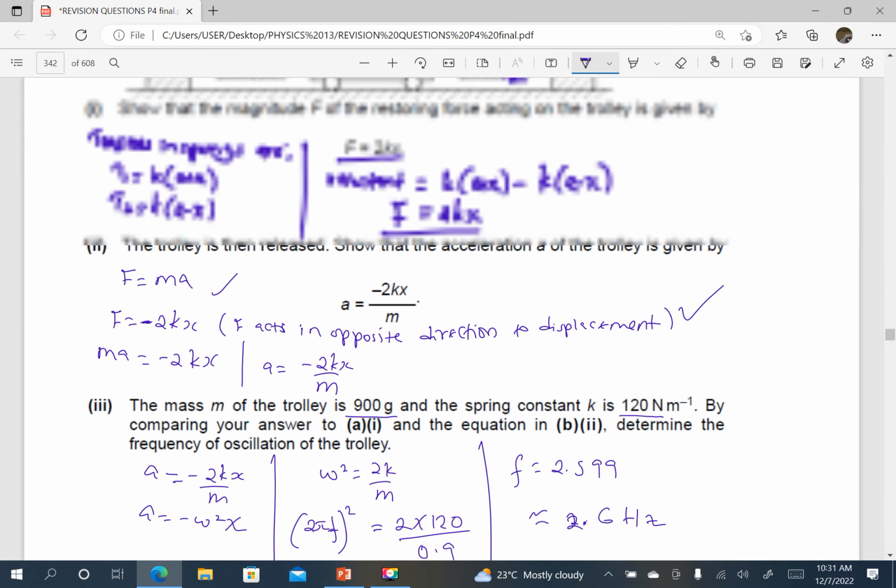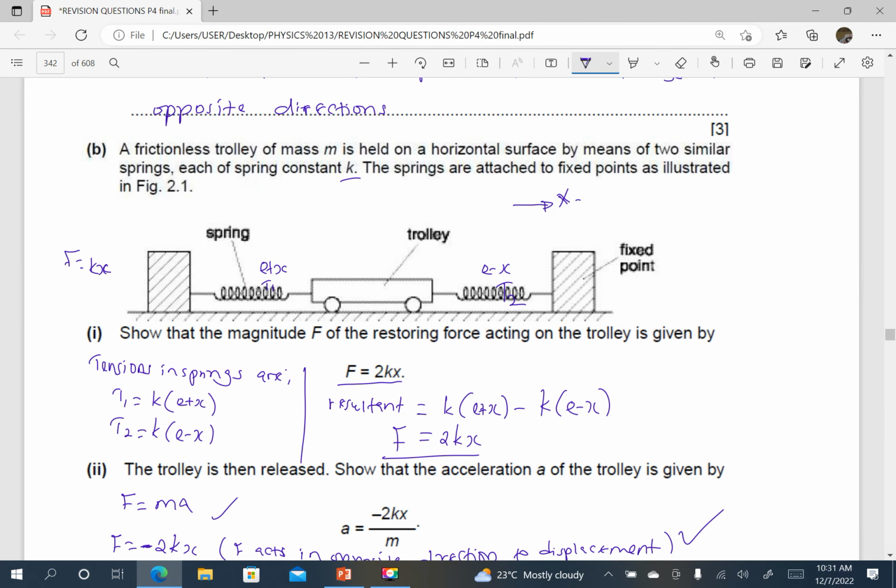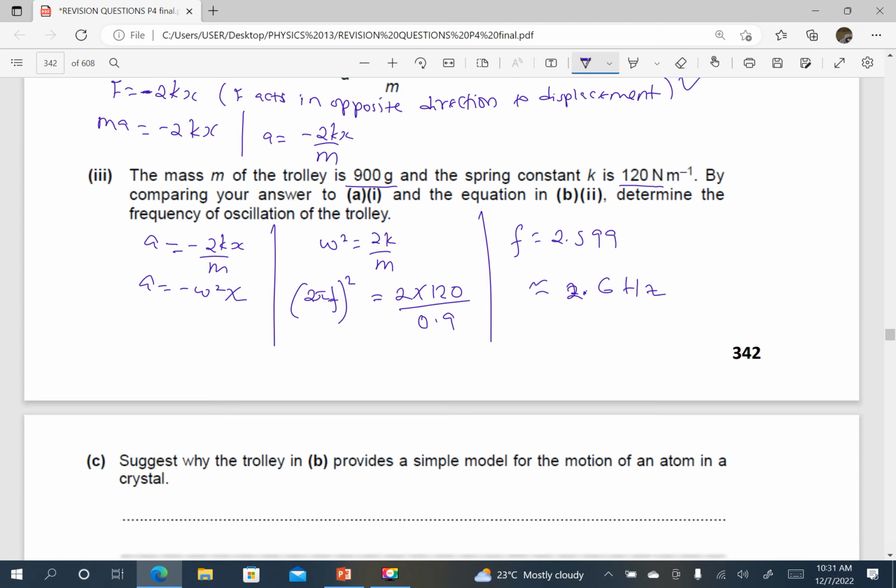And in this model, the trolley is held on both sides by springs and just moves along that same fixed point. But also remember, this motion is only in one dimension, a straight horizontal line, yet the vibration of atoms is in 3 dimensions. So it is maybe a simple model, but not a real model of the atoms.